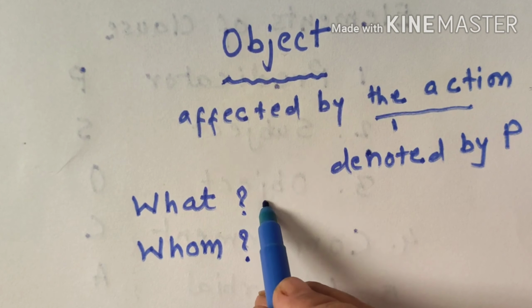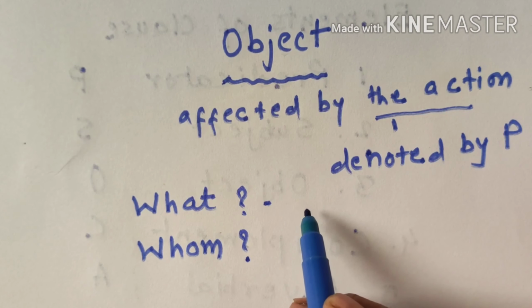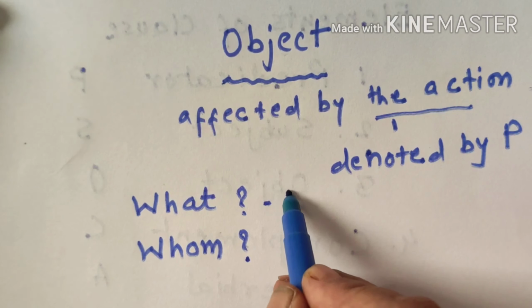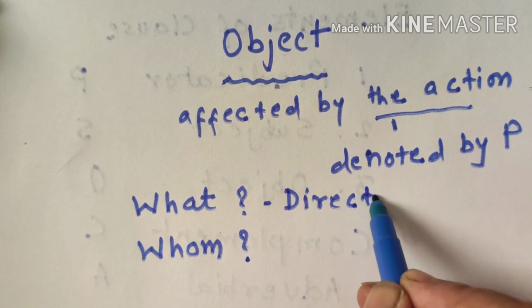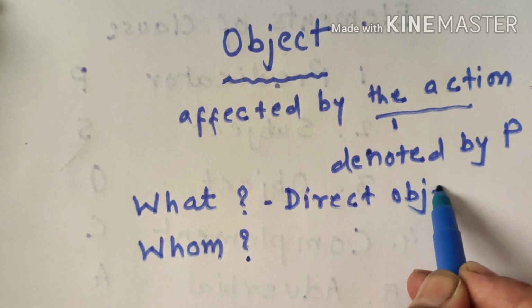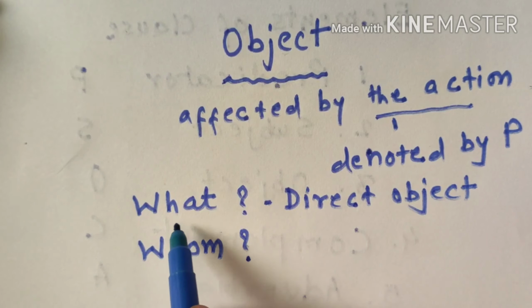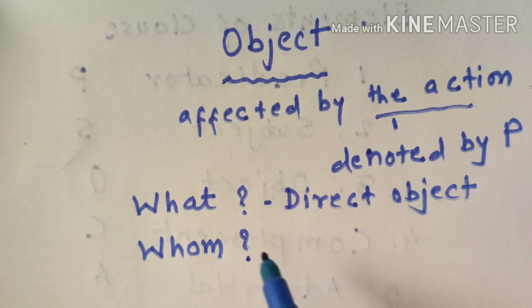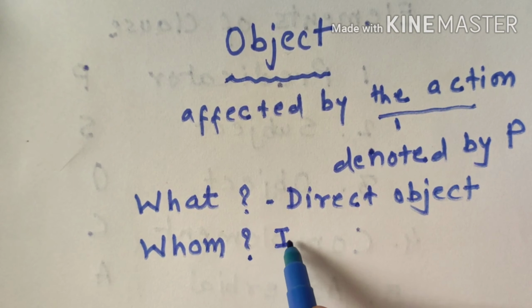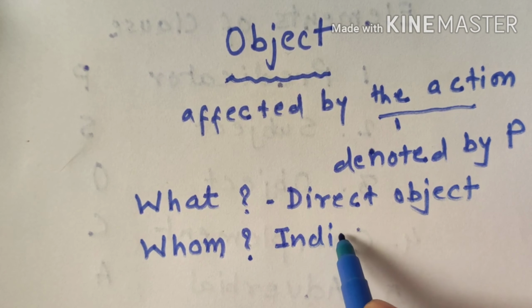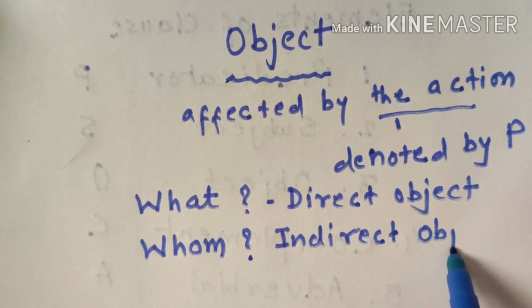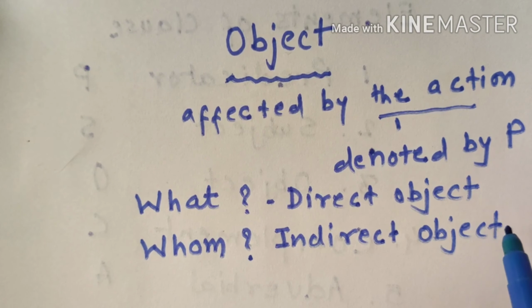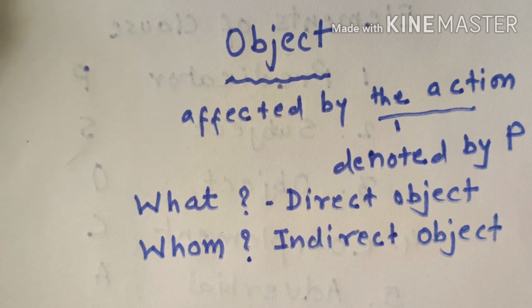Because there are two types of objects in the sentence. One is the direct object, which we can get by asking the question what, and another is the indirect object, which we can get by asking the question whom.